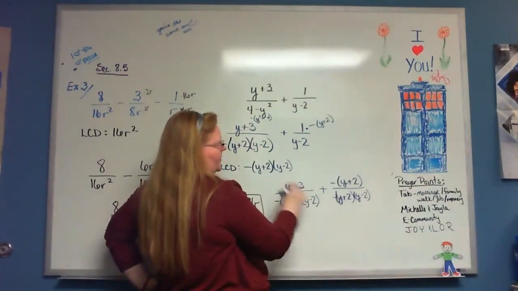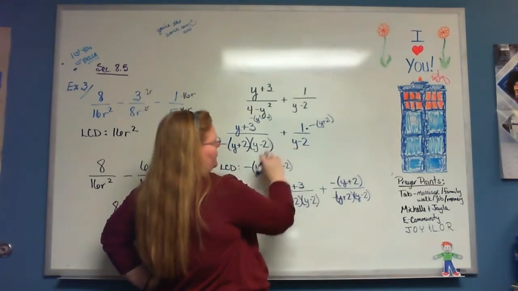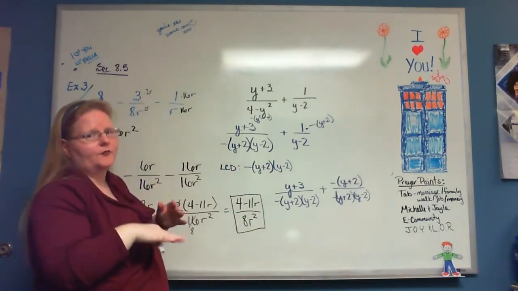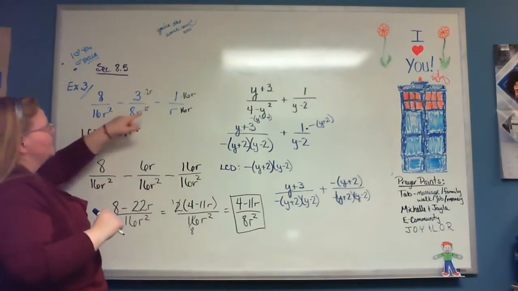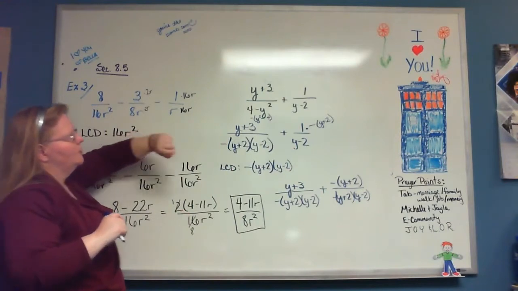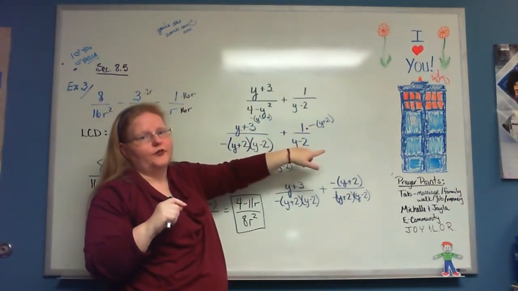My bottoms are the same. Now before we get to me doing this, I want to draw your attention to something I did up here, because I'll do this and I'll shorten it every single time I do it. So over here where we did it, I showed the multiplication on top and on bottom. Over here, I just wrote it on top, because we knew what the bottom was going to be.